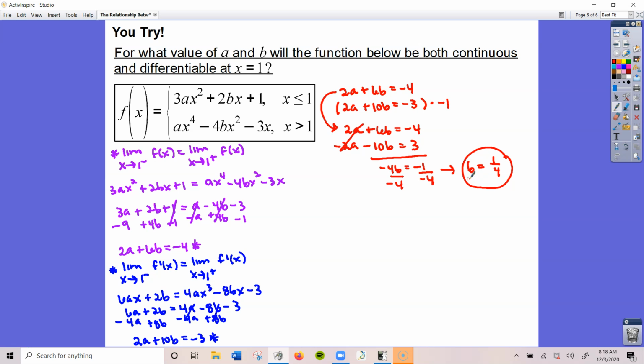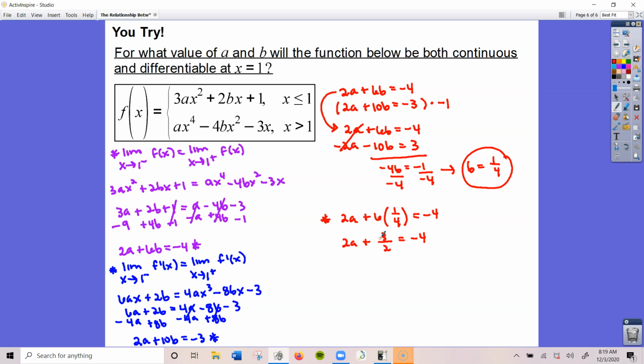Now I'm going to have to solve for a. You can choose to plug it into any one of your original equations. I'm just going to plug it into that first one. So 2a plus 6 times b, which is 1 over 4, is equal to negative 4. Now 6 times 1 over 4 is 6 over 4, which can be simplified to 3 over 2, so 2a plus 3 over 2 is equal to negative 4.